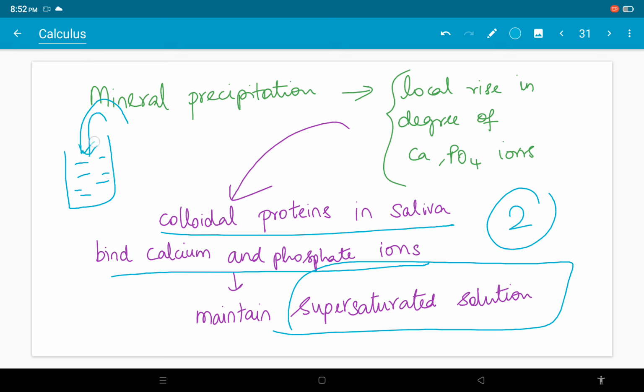You can add salt and dissolve as much as you want. At one point you have added the maximum salt in the water. After that point, if you add more, there won't be dissolving of salt in the water. The salt which you add does not dissolve, so that state is called supersaturated.